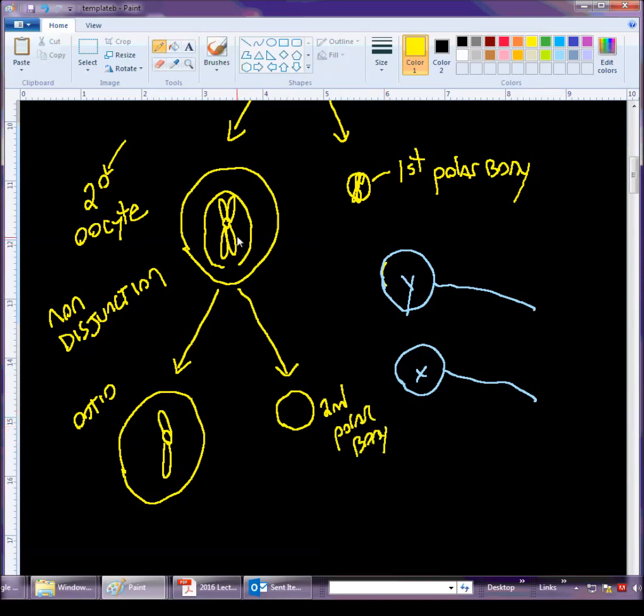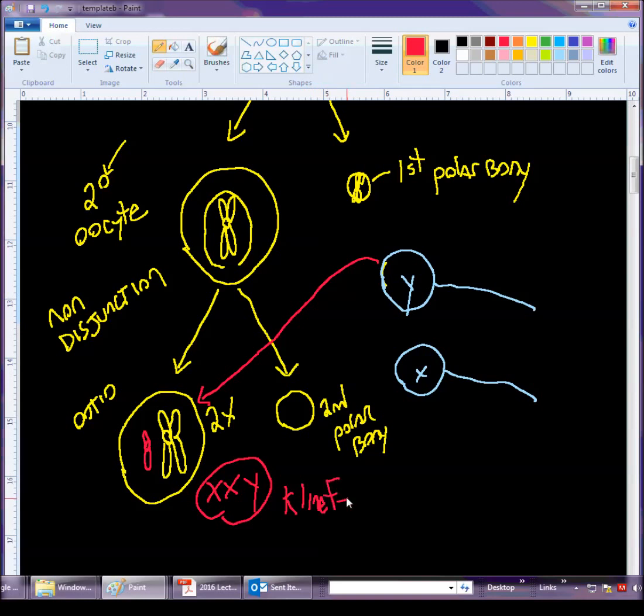So let's assume non-disjunction occurs and they both go to this ootid here. Now we have two X chromosomes here. If this is fertilized by a Y-bearing sperm, what do we end up with? We end up with a genotype that is two X chromosomes plus a Y. So the resulting zygote will develop into a male with Klinefelter syndrome.